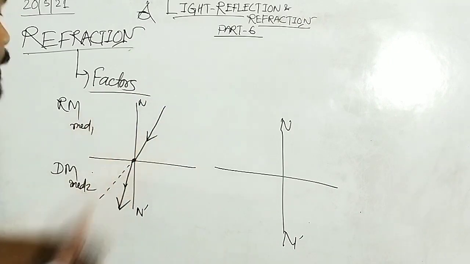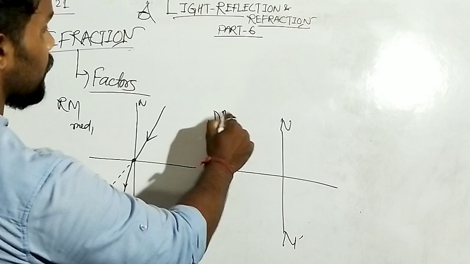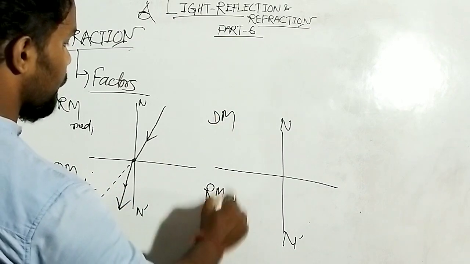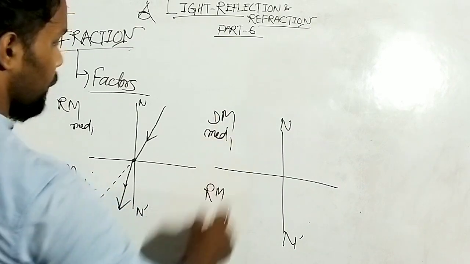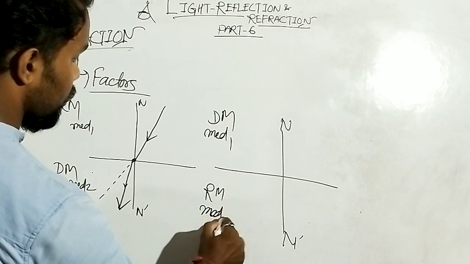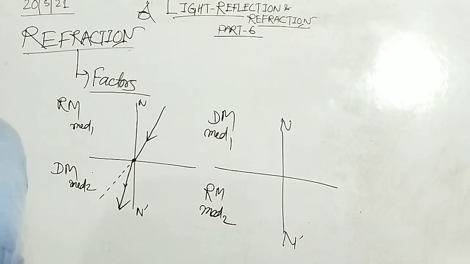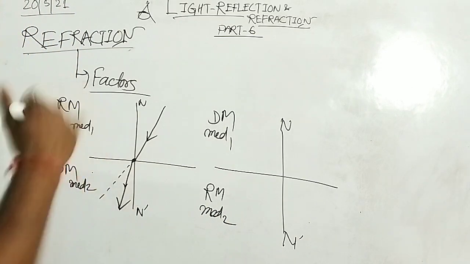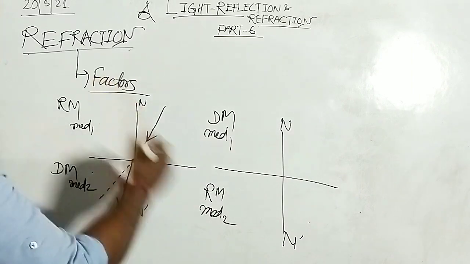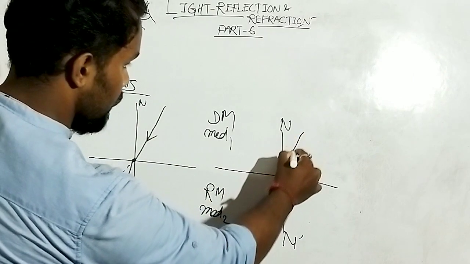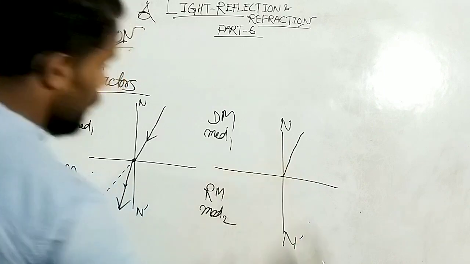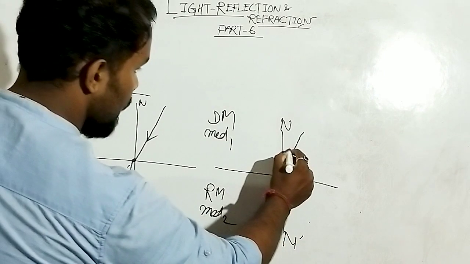Now what will happen if the ray comes from the denser to the rarer medium? Consider this as medium 1 and this as medium 2. What is going to happen when a ray comes from a denser medium to a rarer medium? I can consider this simple ray, incident on this point, coming from this direction.